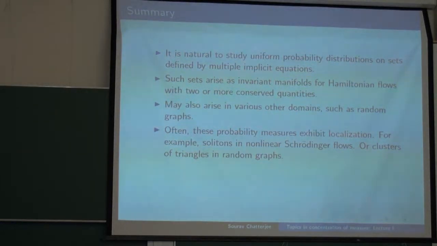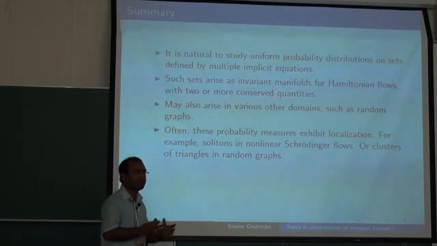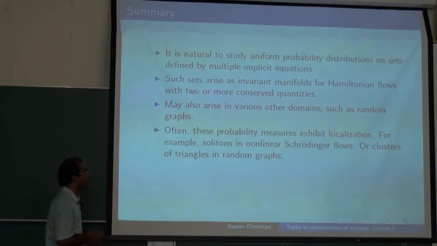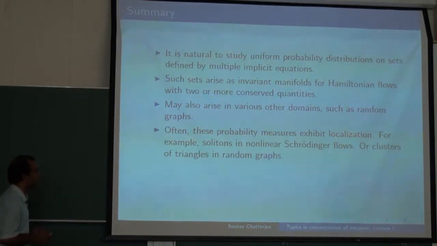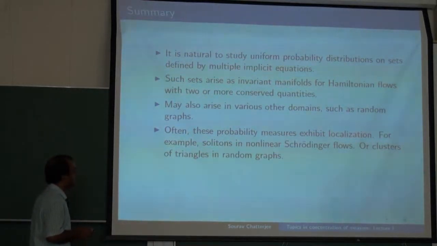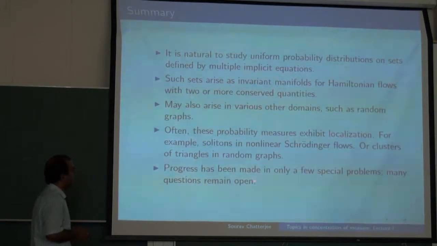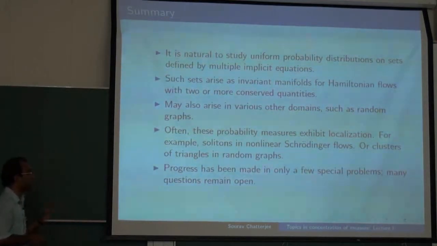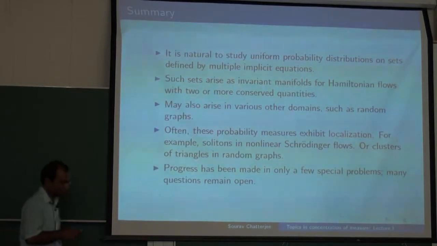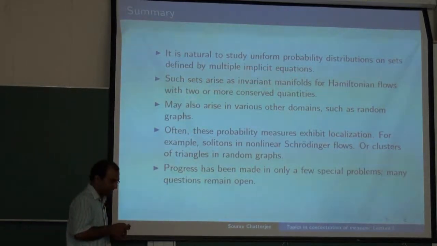But a commonly occurring feature is that you get localization, and that somehow determines the nature of the problem. And the thing is, progress has been made only in a few special problems, but many questions remain open.